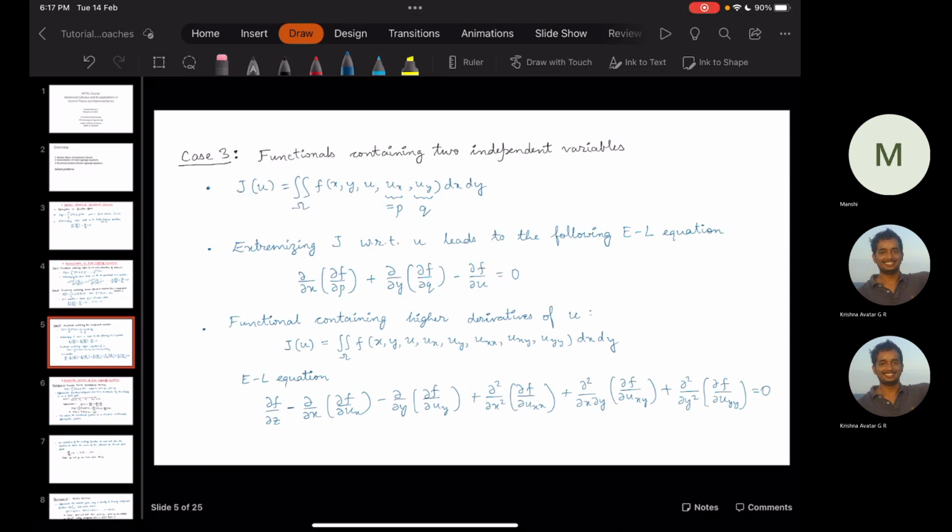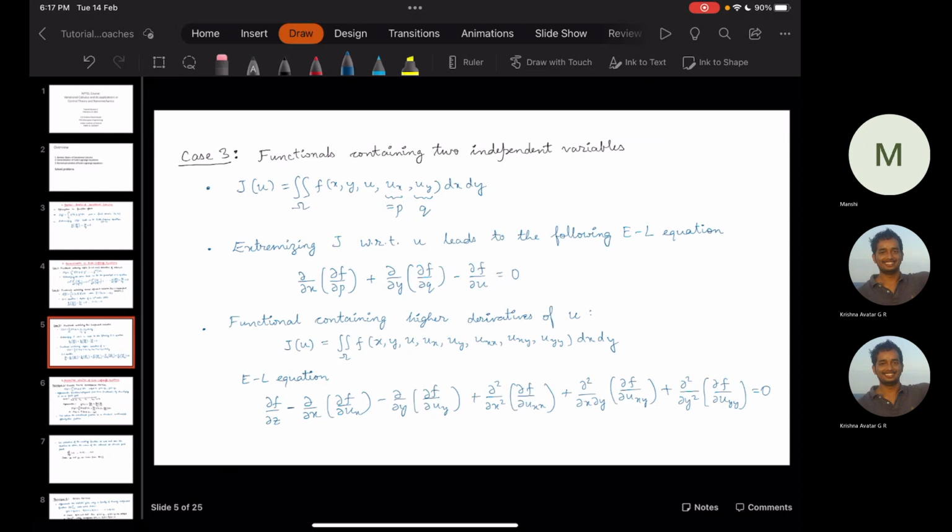The integrand of this functional is f of x, y, u, u_x, u_y, where u_x and u_y are the x and y derivatives of the extremal u. We represent ∂u/∂x as p, and ∂u/∂y as q.